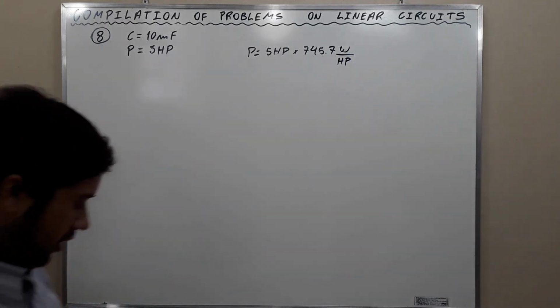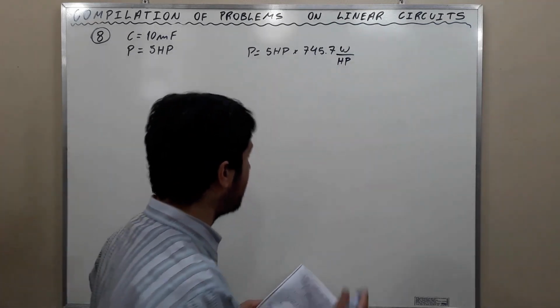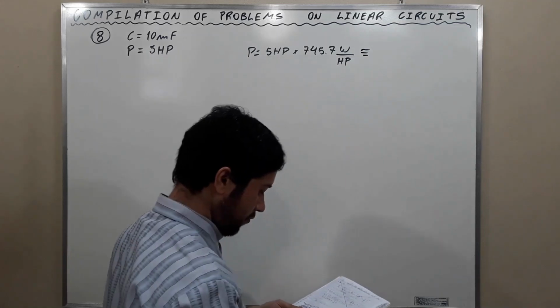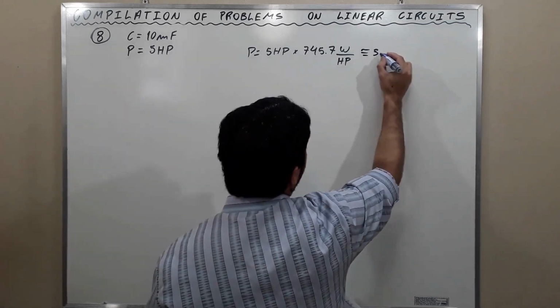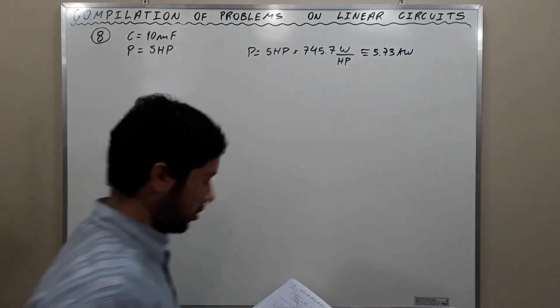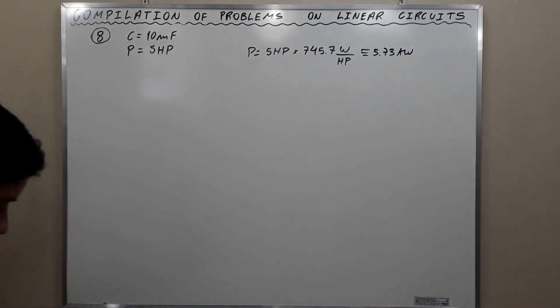And this gives an approximate value of 3.73 kilowatts. Okay? This is the power that we are going to supply to the automobile.